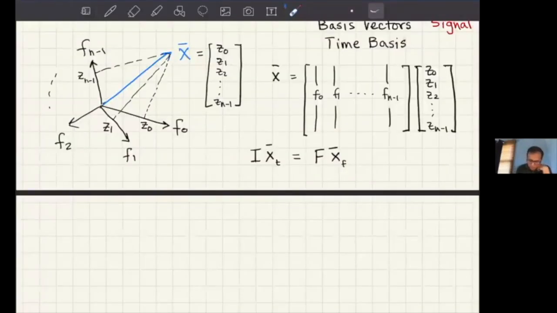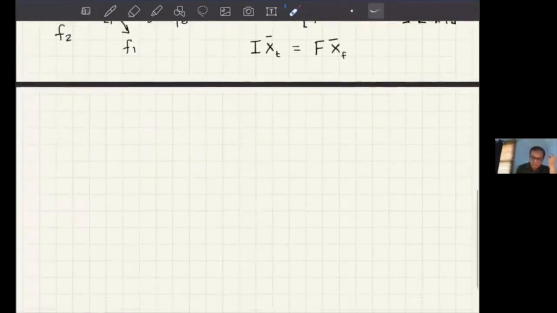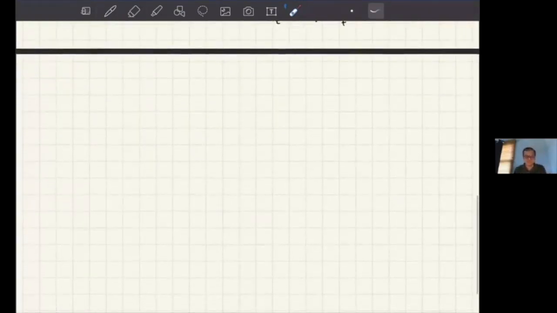So our goal now is to understand what is this matrix F, which is essentially a set of basis vectors for the n-dimensional space. And to do that, we need to go to first principles, and we need to start thinking about this through rotations. Okay, so let me motivate what it means.